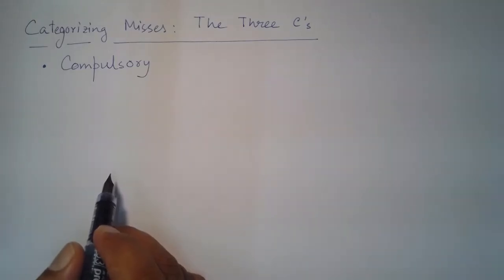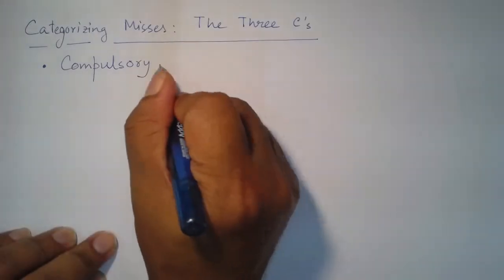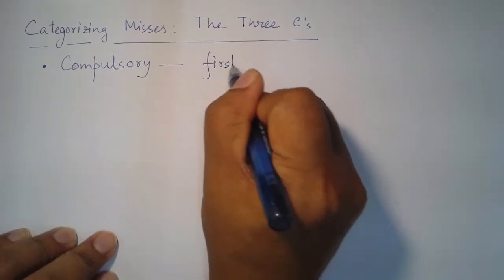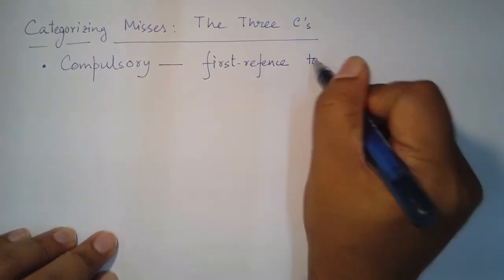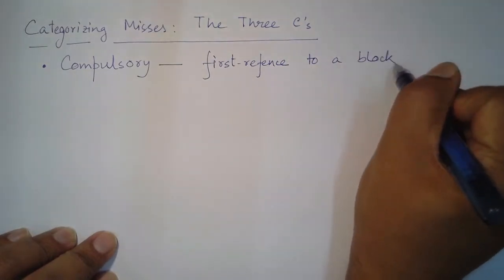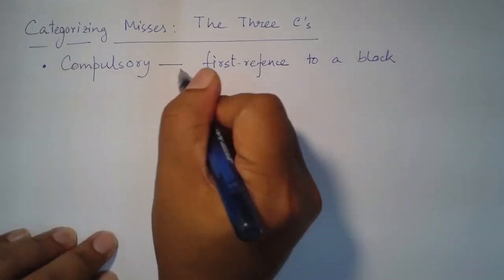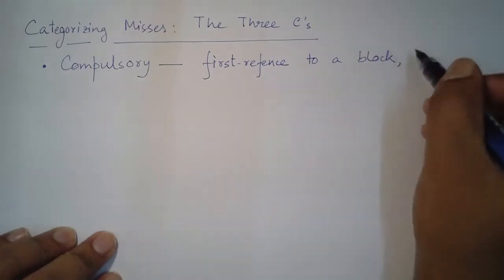The first reference to a block will be a miss, irrespective of the size of the cache. This kind of miss is called a compulsory miss. So what is it? It is the first reference to a block. The first reference to a block results in a compulsory miss, and this will occur even if you have an infinite cache.